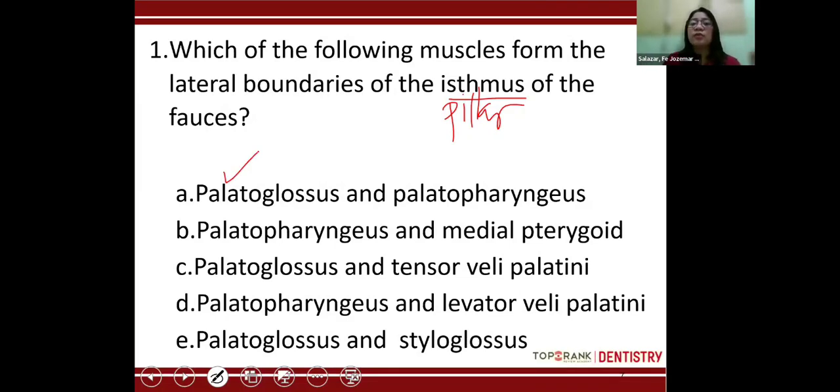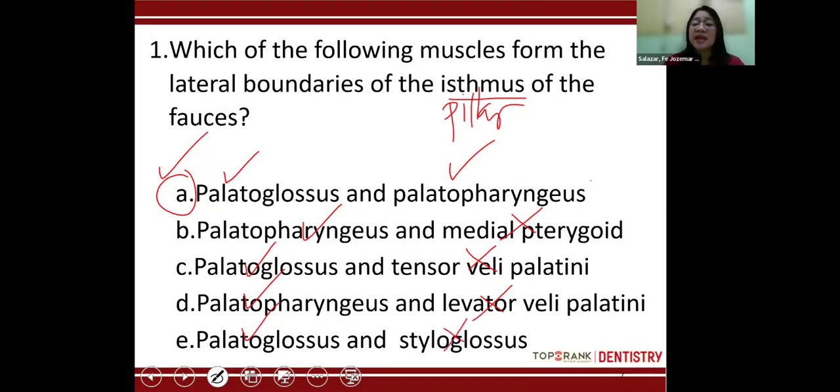Whenever you are answering questions, this is one of the test-taking strategies: if one option is correct, you continue to the others, because there may still be a wrong one. Palatoglossus, correct. Palatopharyngeus, correct.